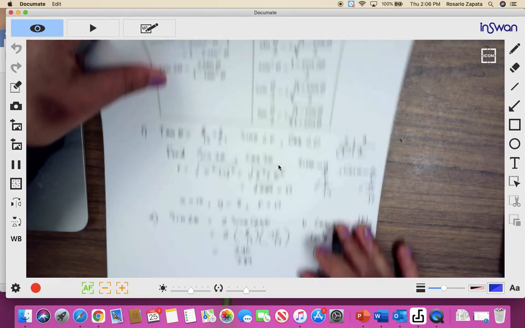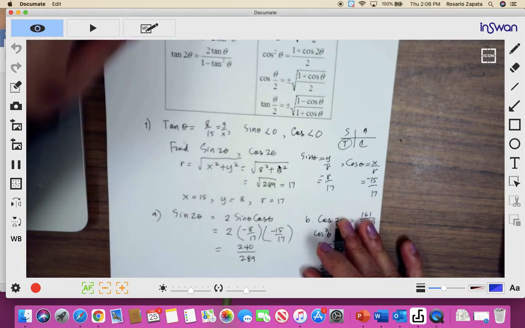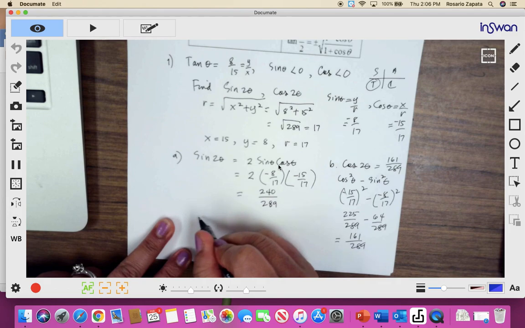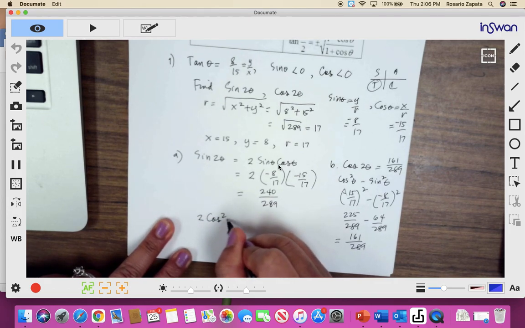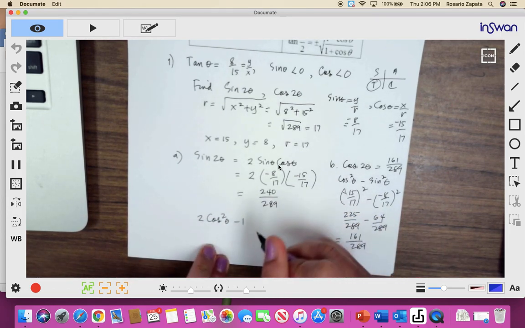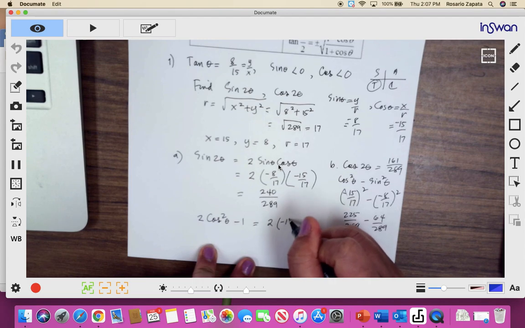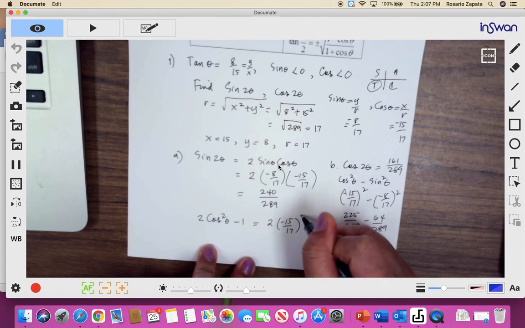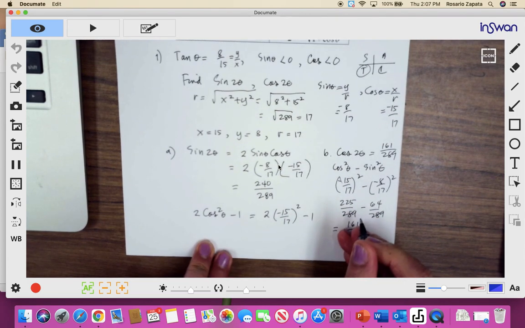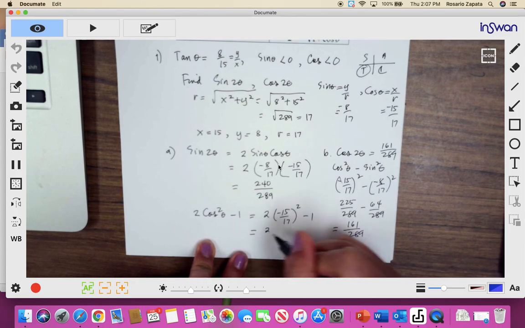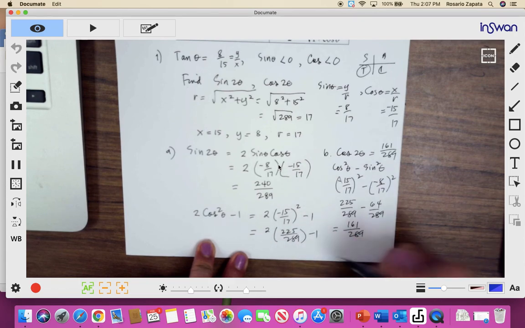So let's try to do 2 cosine squared theta minus 1. I will write it here. And we know that the value of cosine is negative 15 over 17 squared, minus 1. And we know that this is 2 times 225 over 289 minus 1.